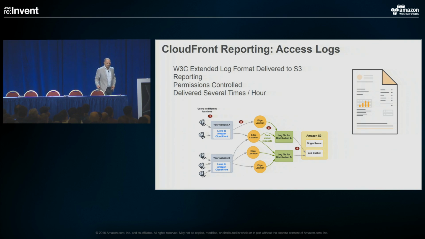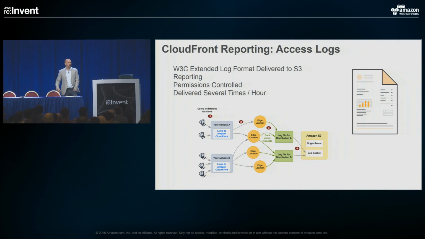So understanding what's left and what's available for you, just understanding the application and knowing where you can get information on how the CDN is performing. You can set up W3C logs into an S3 bucket, ingest those into your favorite data analysis tool, and you can control permissions to that.